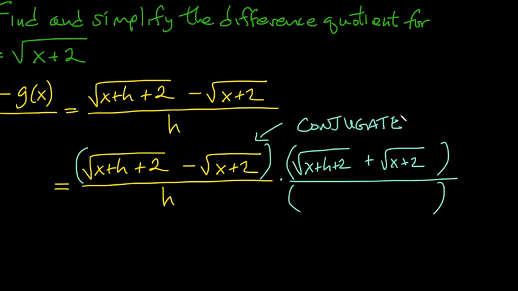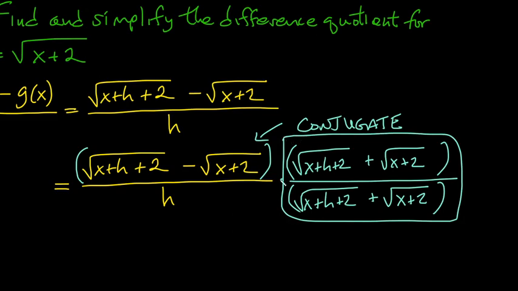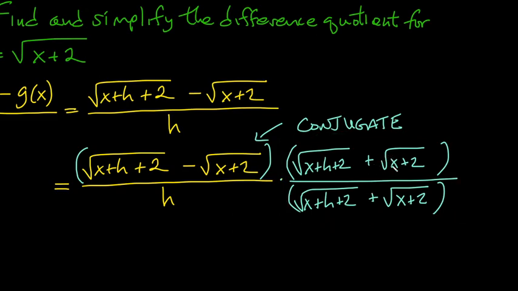The conjugate just means you switch the second sign from minus to plus. Okay, and again, to keep it the same, we have to multiply the denominator by the same thing. And in that way, we're just multiplying the whole thing by 1. Think of this as like 5 divided by 5. It's equal to 1.